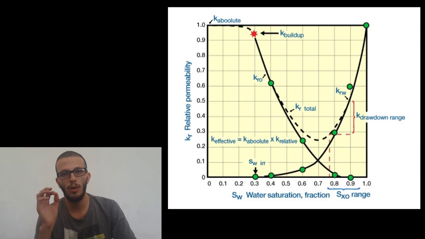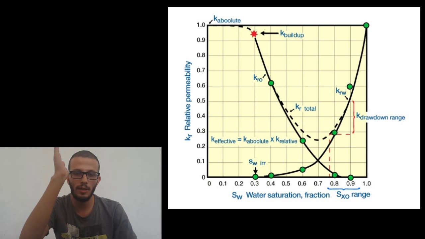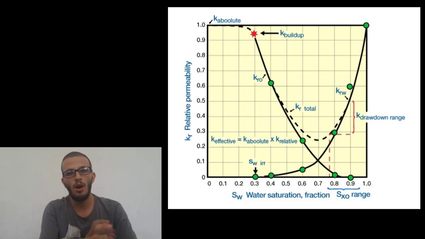And once we get our saturation of irreducible water, we draw a line vertically up to cut the curve of relative permeability of the wetting phase, which here is oil. And at this point we get our value of K relative of the formation, and it was measured and recorded that it's nearly less than half of the permeability of the wetting phase.